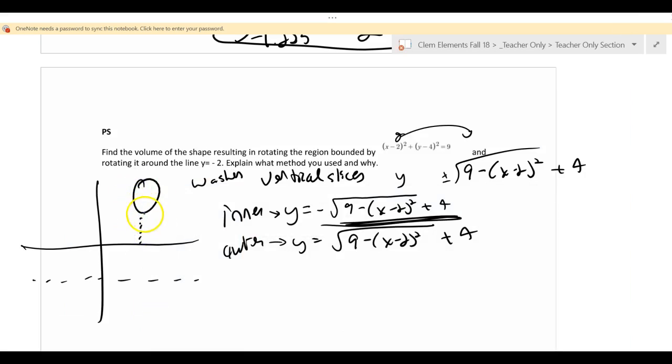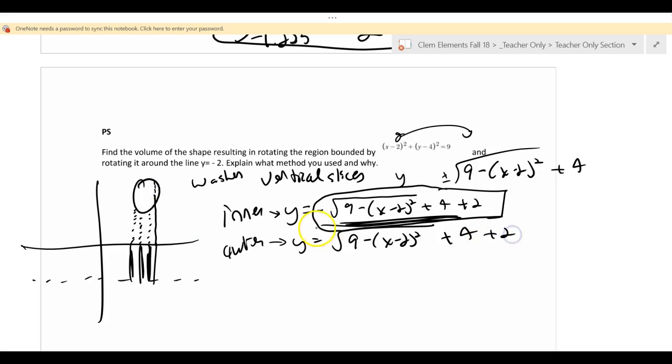Like for my inner, at any moment, it would give me that distance, but it's that plus 2 each time. So my inner is all of this plus another 2. And then the outer is the same thing. It's 2 plus that distance right there. So that is the outer and inner behaving now.